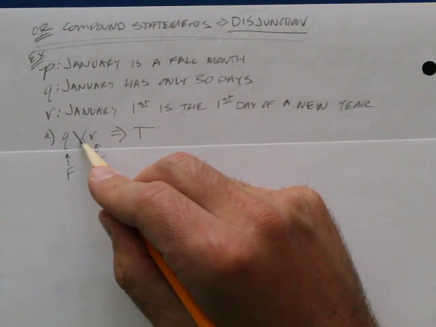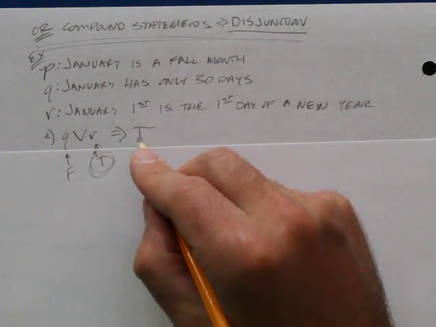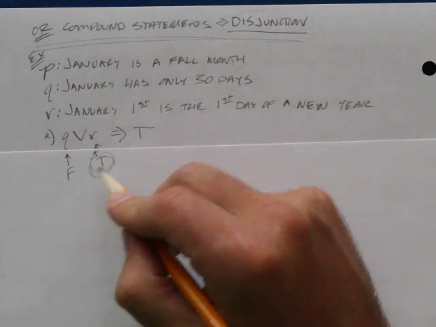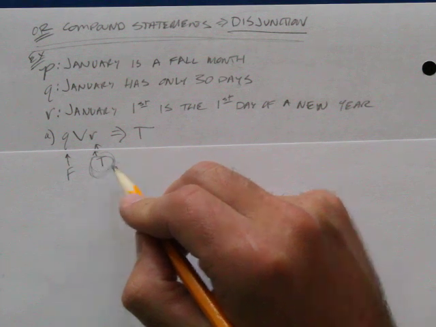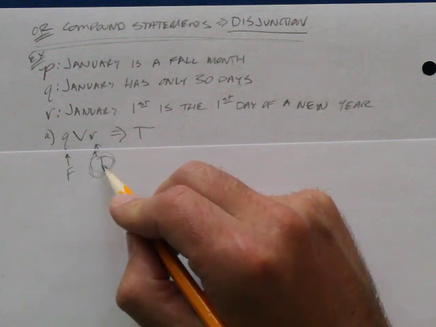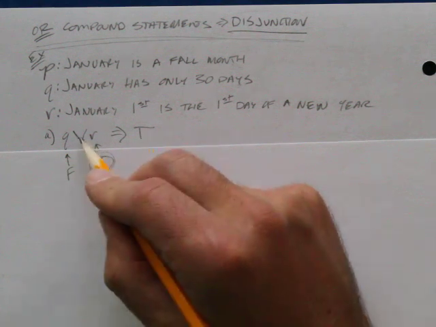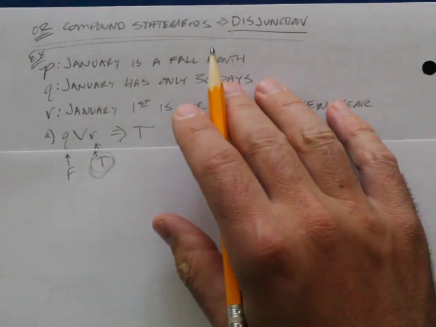Since this is an or statement, I only need one to be true for the whole statement to be true. If one of them is true, then with a disjunction, the whole thing is going to be true.